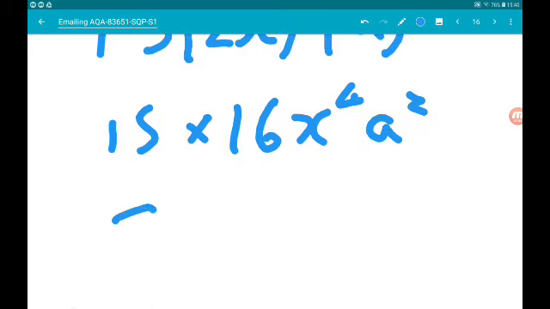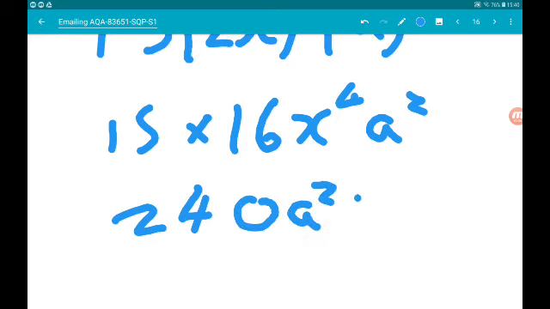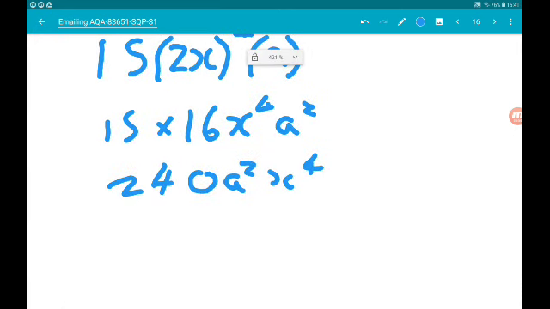So we know that 240a squared x to the power 4 is equal to 60x to the power of 4.